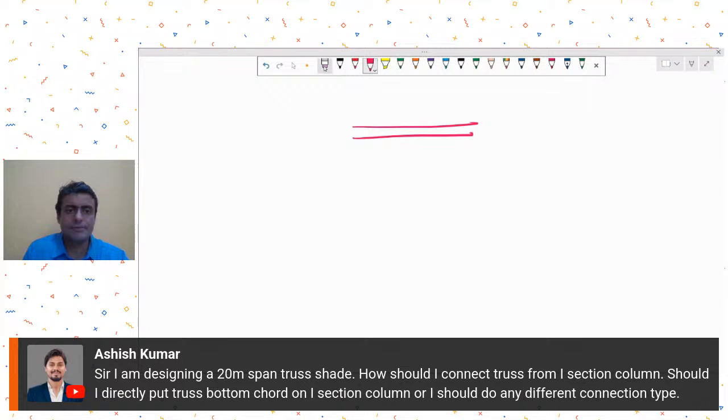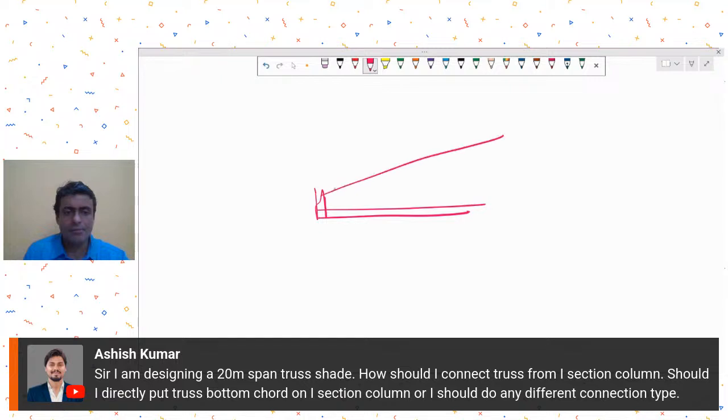Let's say this is my bottom chord, and I have made some top chord. These are my verticals, whatever diagonals. Let's say this is a back-to-back angle arrangement.